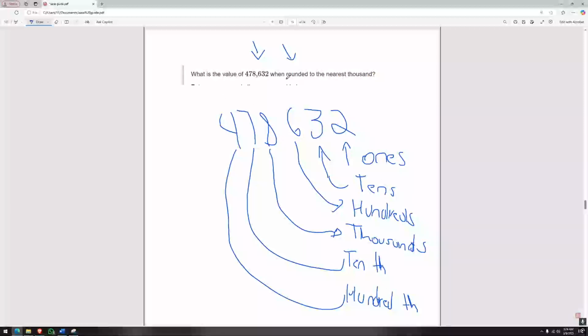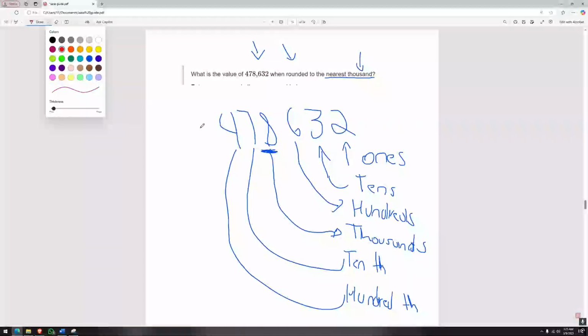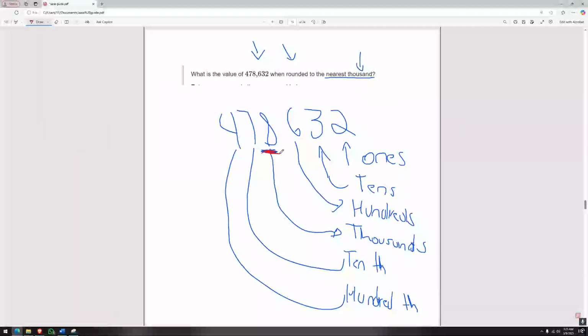And this one is asking you to round to the nearest thousand. So, if they're asking you for the thousand, you have to underline this one. I'm gonna use a different color. I'm gonna use red. I'm gonna underline this one. So, the 8.